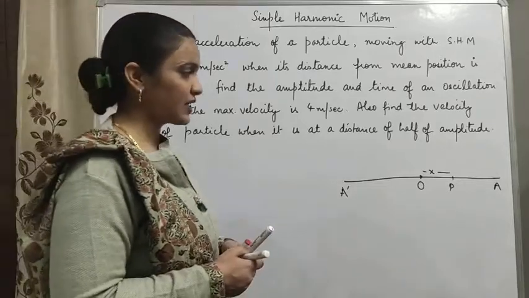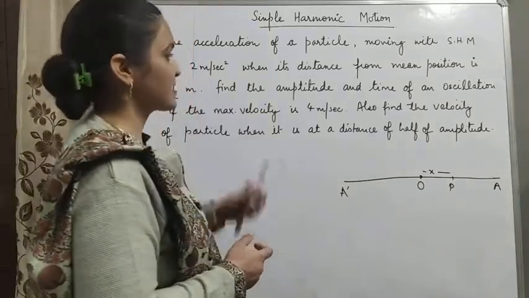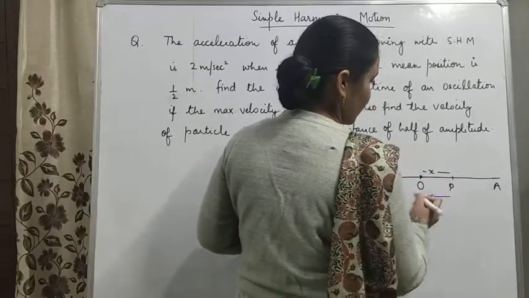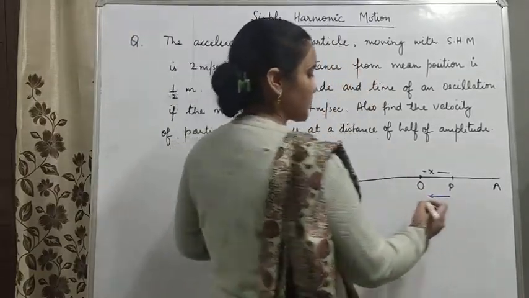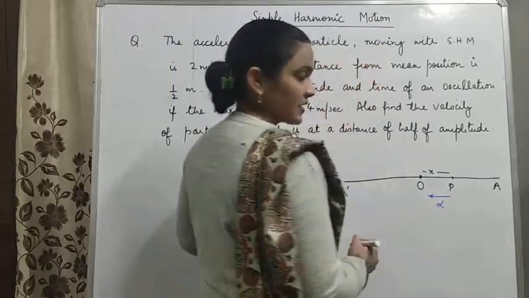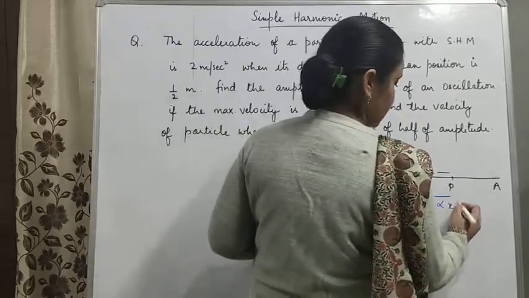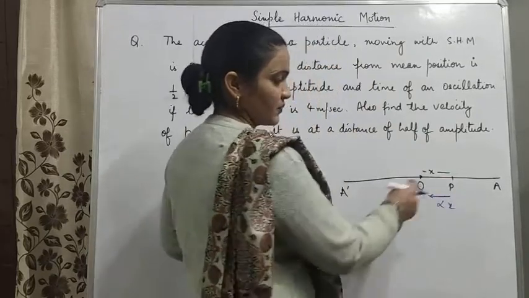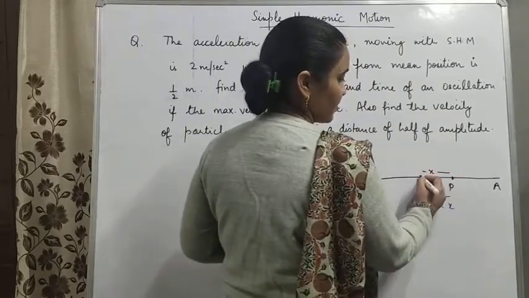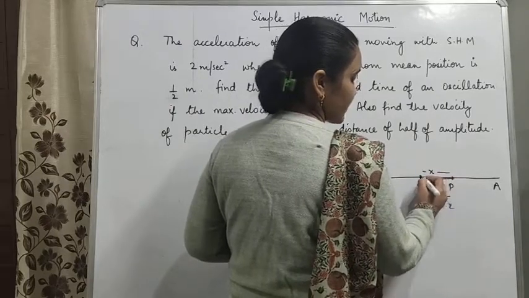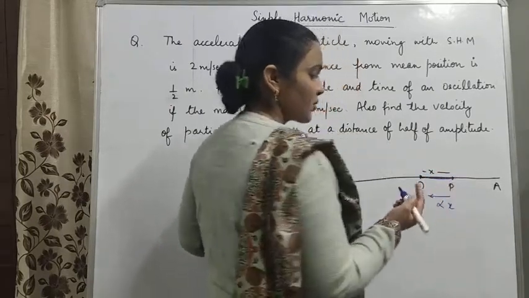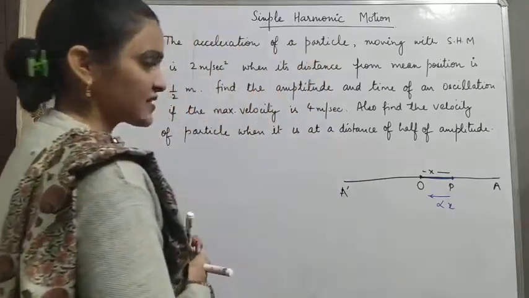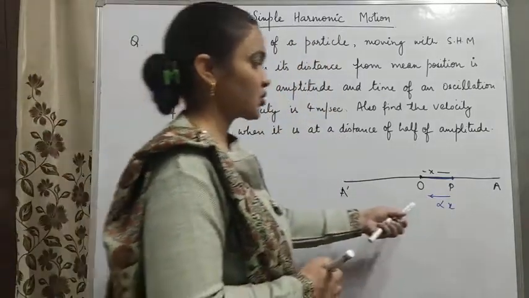Whenever the particle is moving in SHM, the acceleration is always directed towards the center, the fixed point O, and it is proportional to the distance x, the distance between point P and the fixed point. So it is proportional to x.